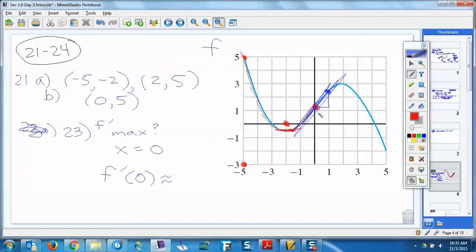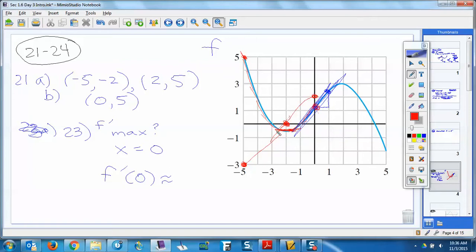And we said what was happening there? Well, yeah, it's an inflection point on F, but what is it on F prime? It was a max, right? On 23, they said, where does F prime have a max? We said it was right there. So our F prime graph better have a max right there.